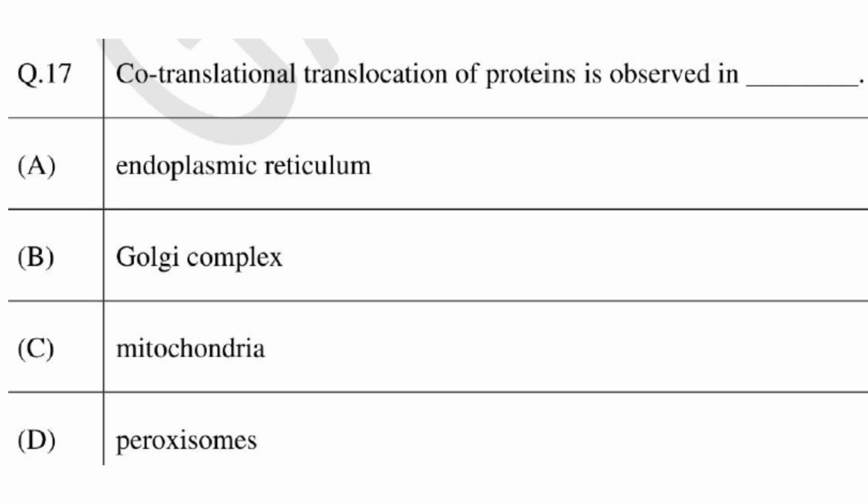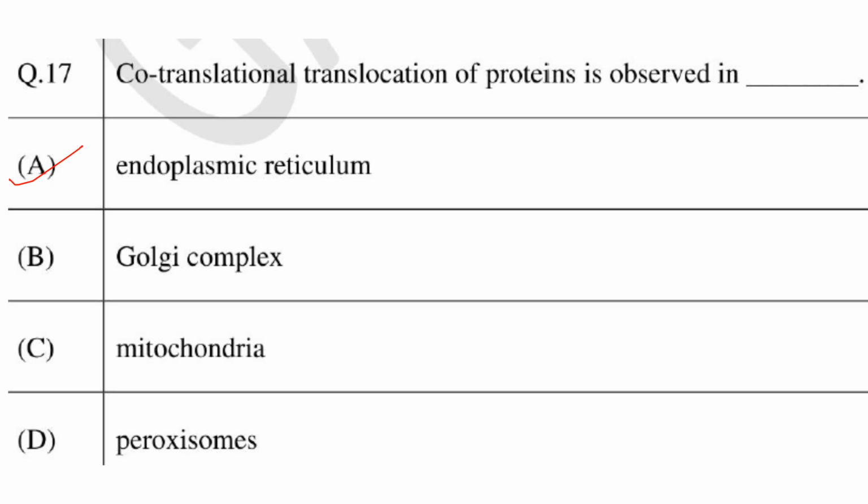Then next one. Co-translational translocation of proteins is observed in. So co-translational translocation occurs when the translation of protein and its translocation happen simultaneously, and this is observed in the endoplasmic reticulum.